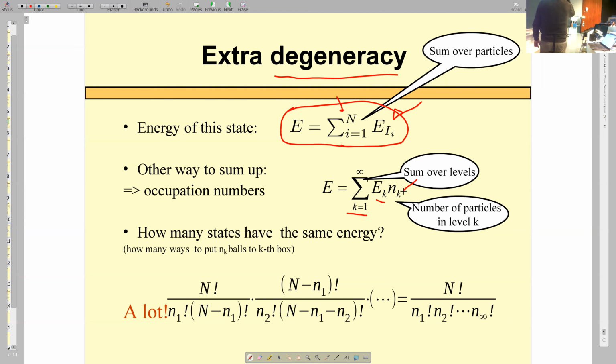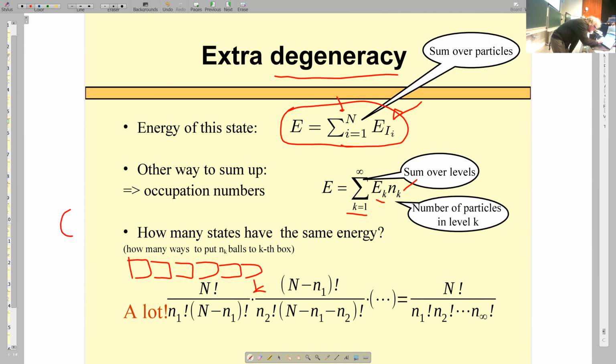It's a lot. Let me draw it. I have boxes labeled by k, the levels.